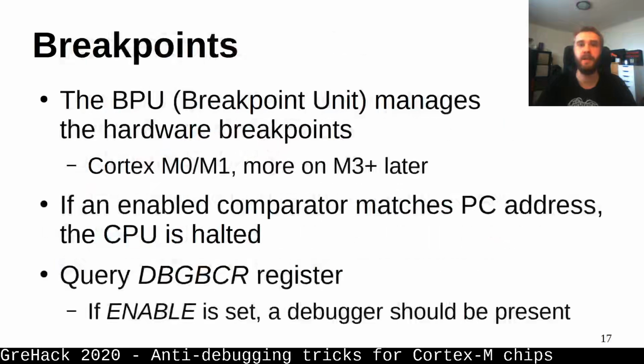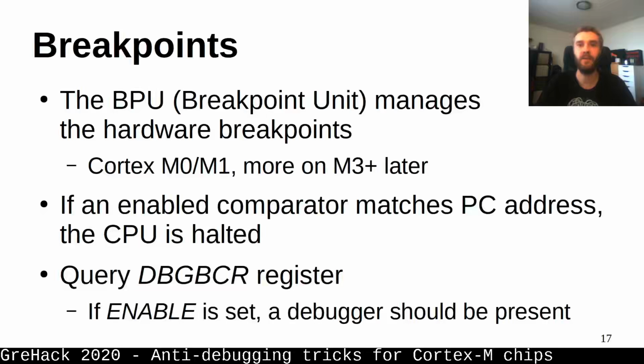For the next technique, we'll try to detect if a debugger has set hardware breakpoints within our code. But first, we need to understand how the core handles those hardware breakpoints. In the documentation, there is a mention of the BPU, or breakpoint unit, available on Cortex M0s and M1s.